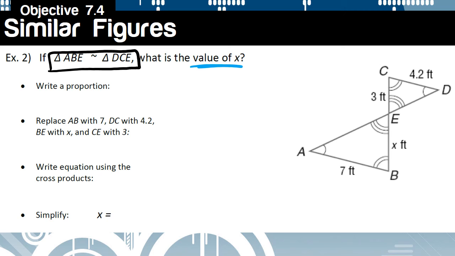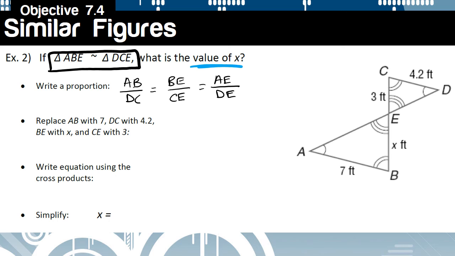On our numerators, we have AB, then BE, and then AE. Now let's take care of our second triangle. The first and second letters are DC, our second and third are CE, and our first and third are DE.